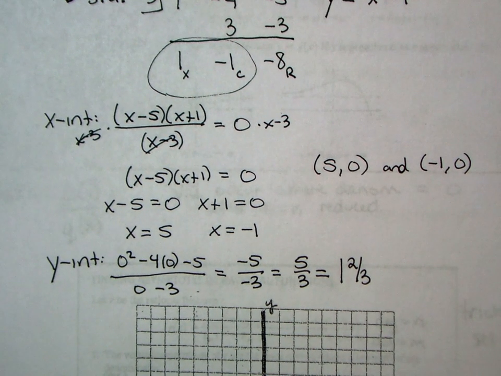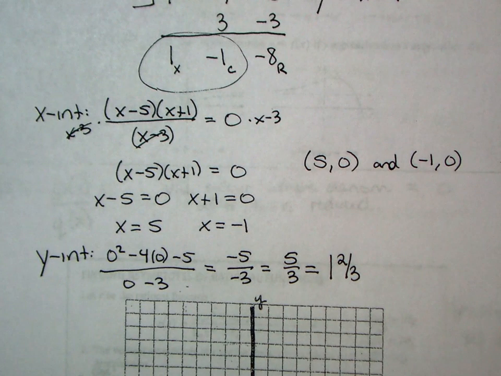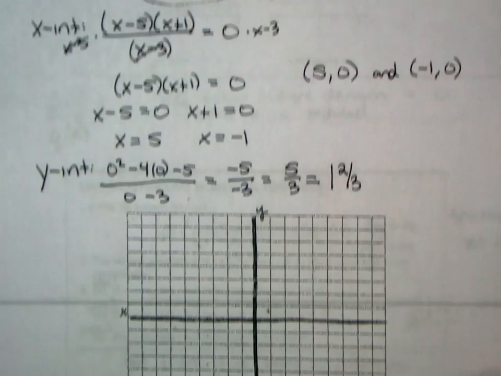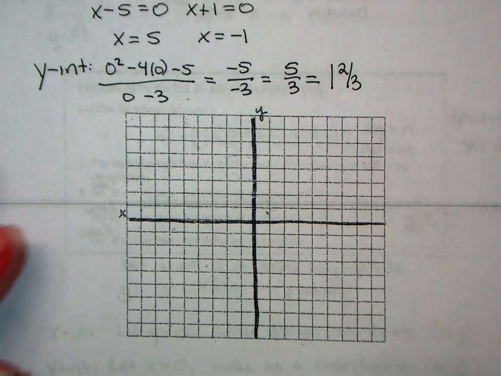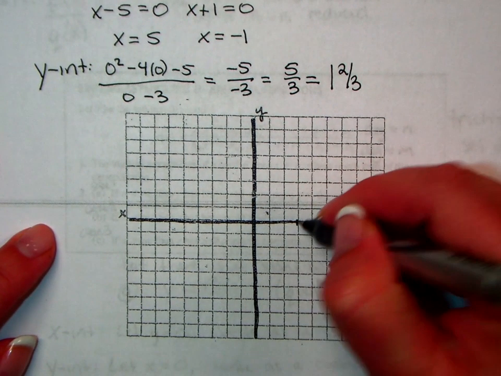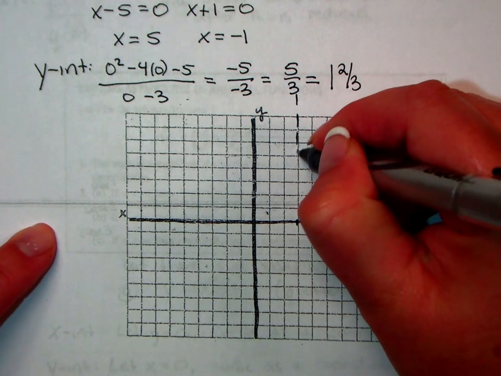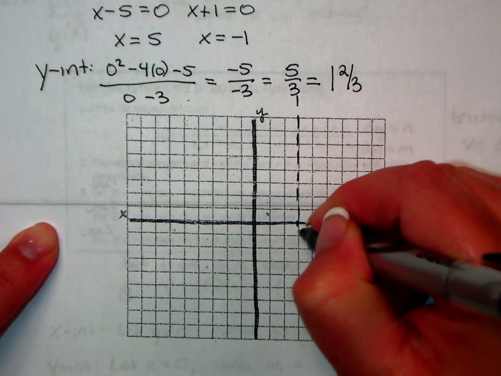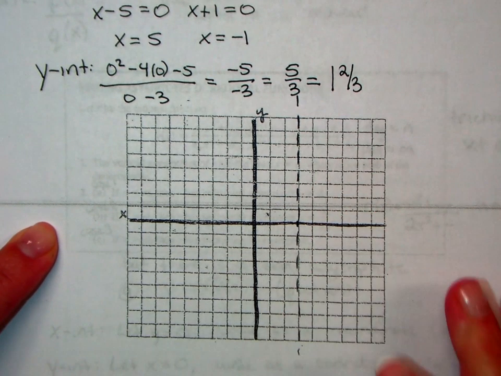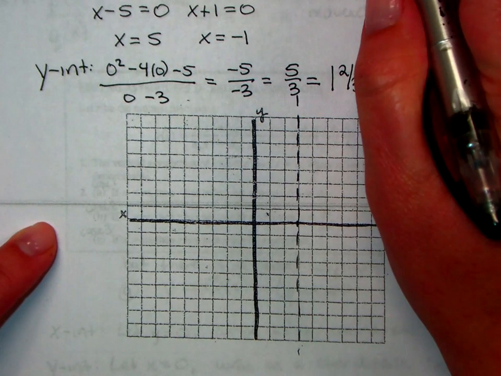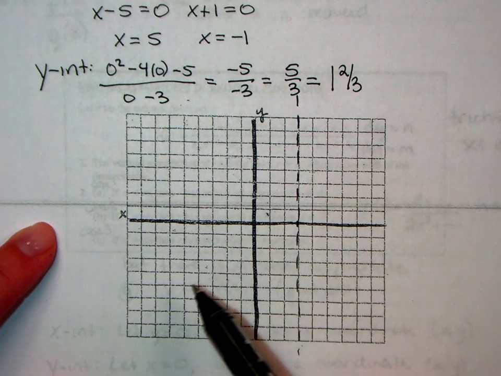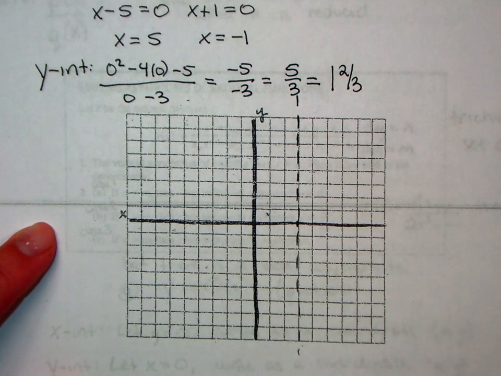Okay, so I am going to graph this, all right? Let's put our asymptotes on there first. All right, the vertical asymptote is at 3. Right. The slant asymptote is at x minus 1. I want to graph x minus 1 on this graph.